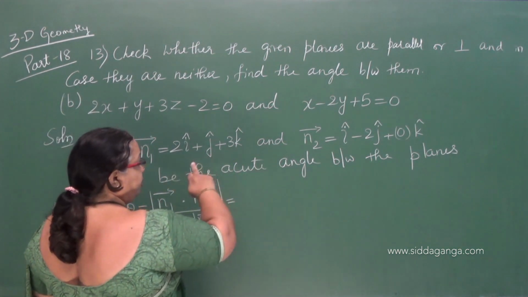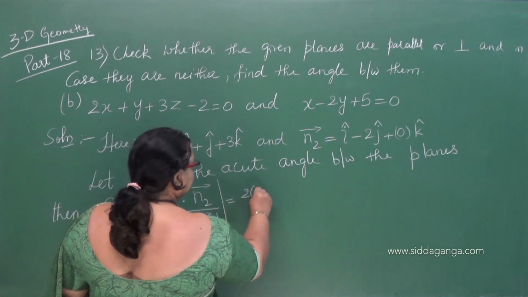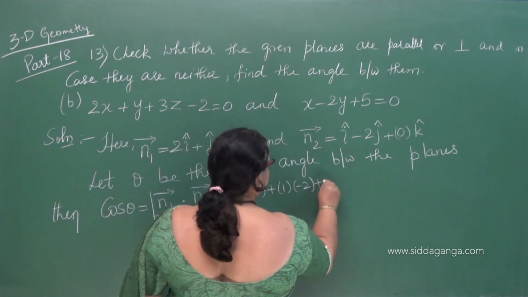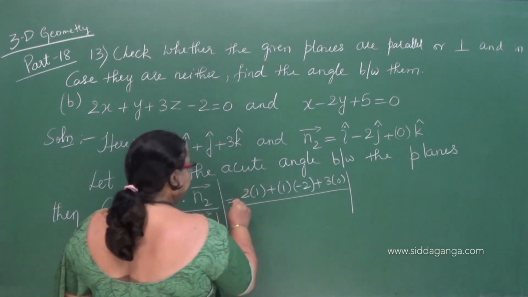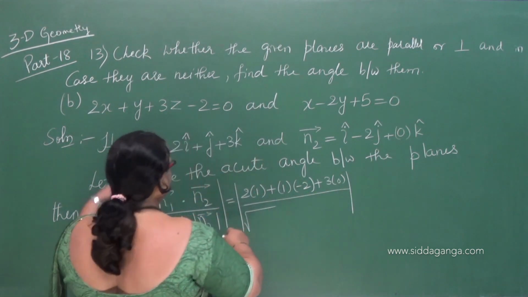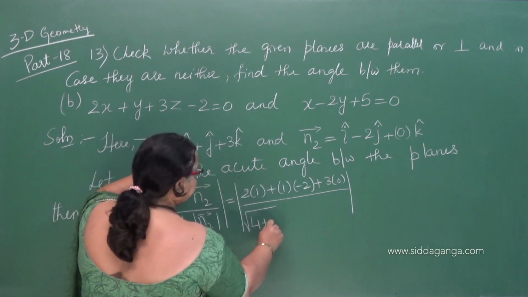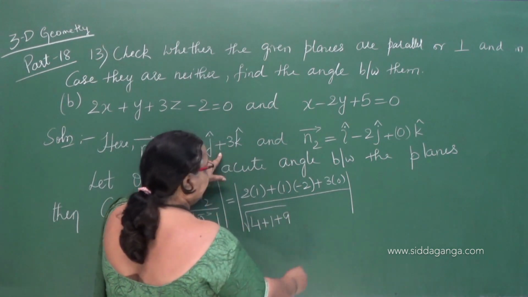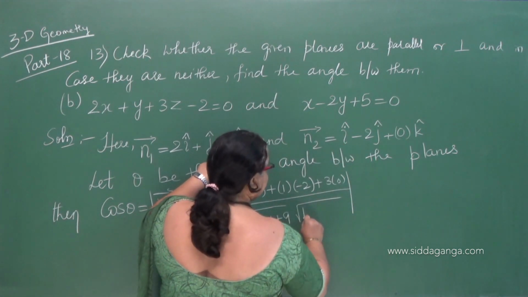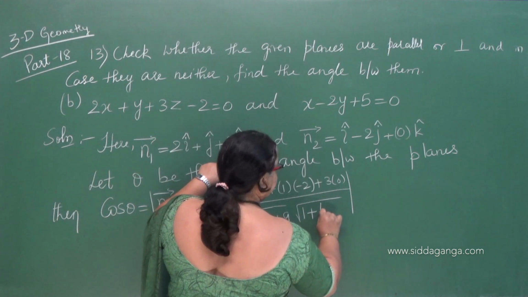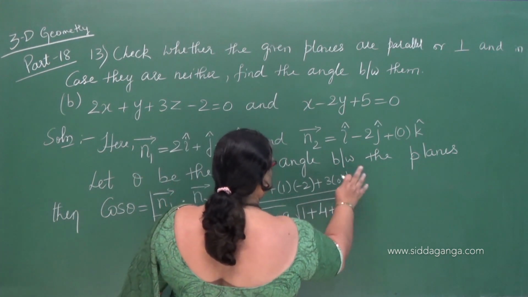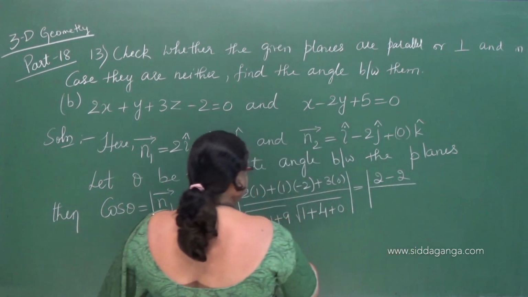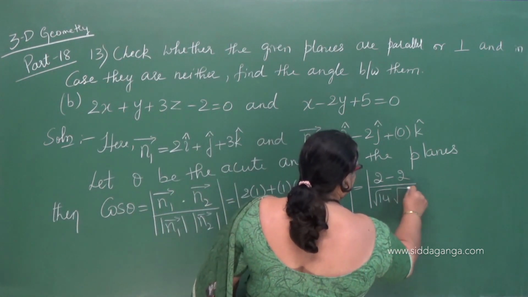Now you know to take the dot product: 2 into 1 plus 1 into minus 2 plus 3 into 0, divided by root of 2 square plus 1 square plus 3 square into root of 1 square plus minus 2 whole square plus 0, that is 4 plus 2 minus 2 divided by root 14 into root 5.